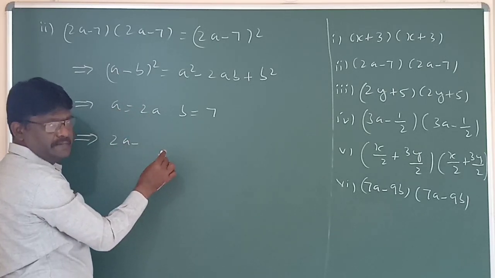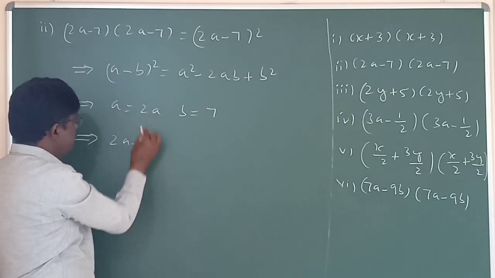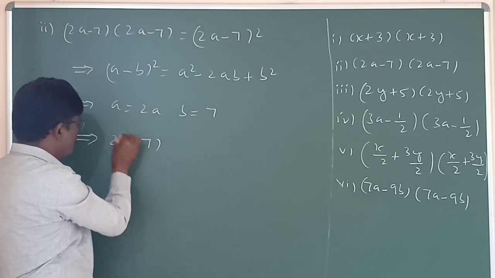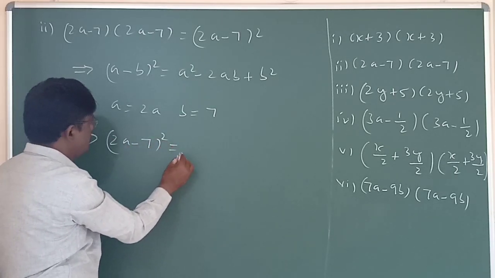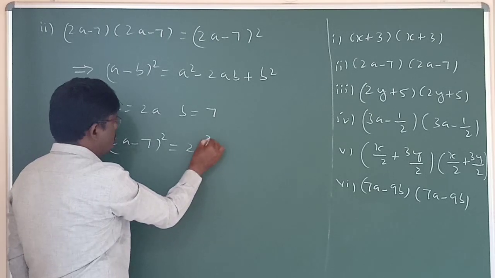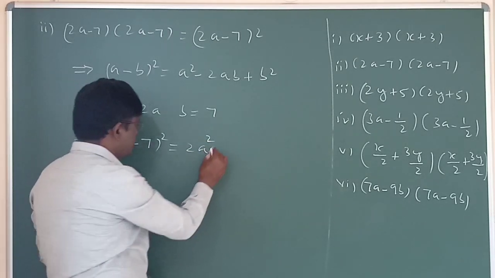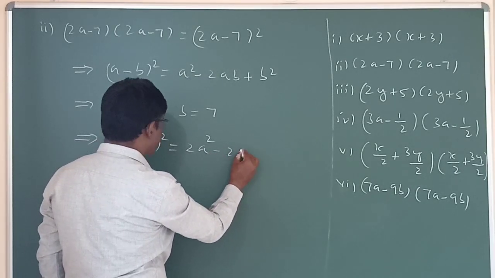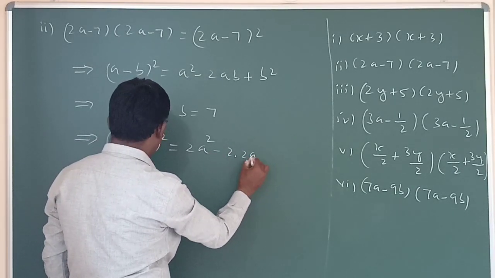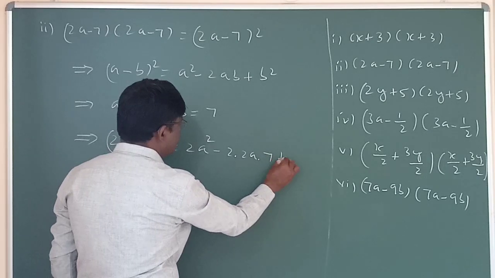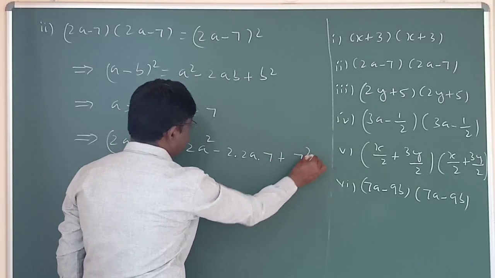Now substitute in the formula: (2a minus 7) whole square equals (2a) square minus 2 into 2a into 7 plus 7 square.